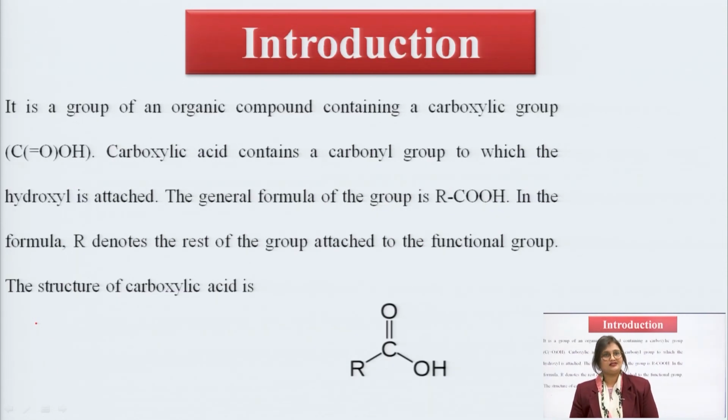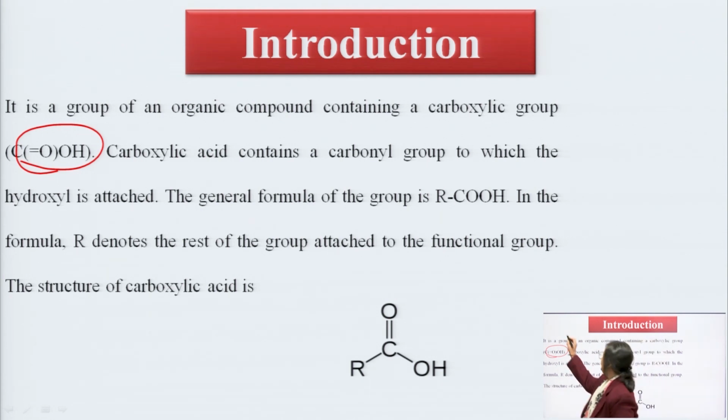Now, carboxylic acid is a group of organic compounds containing the carboxylic group, which is the COOH group. Basically, it contains a C double bond O. It is a combination of two components. In the name itself, we can divide them: carbonyl and hydroxyl, combined together, make up the carboxyl group.